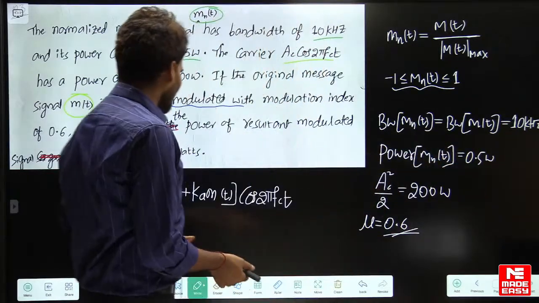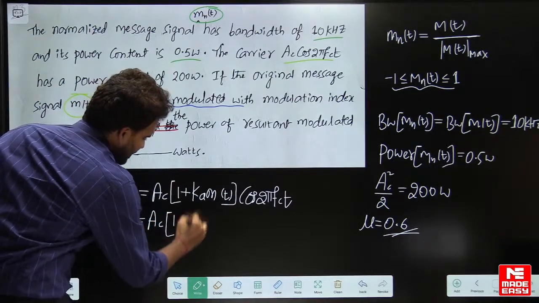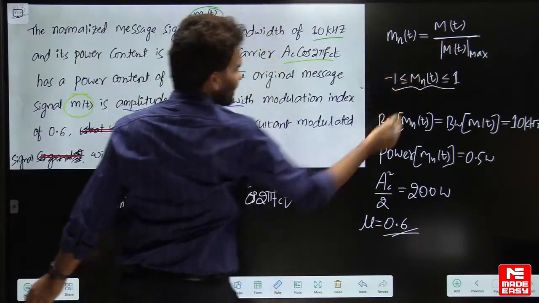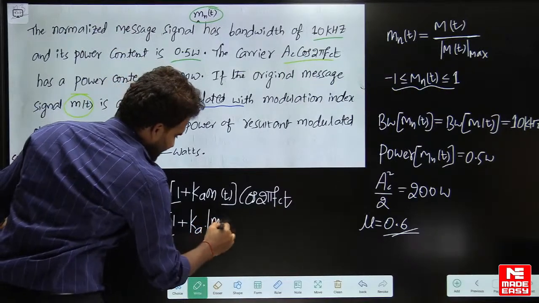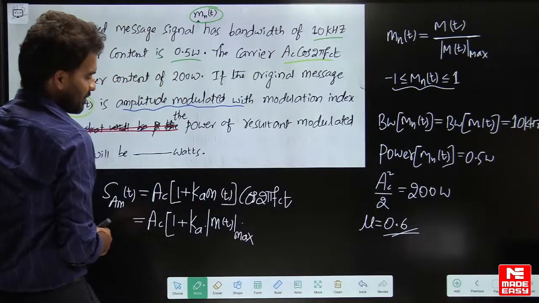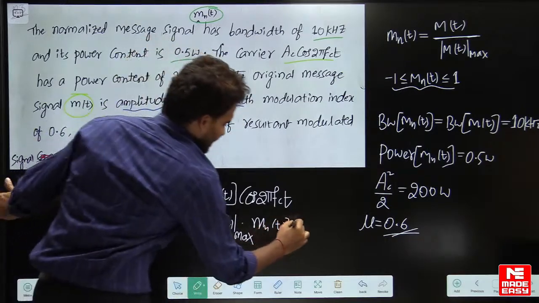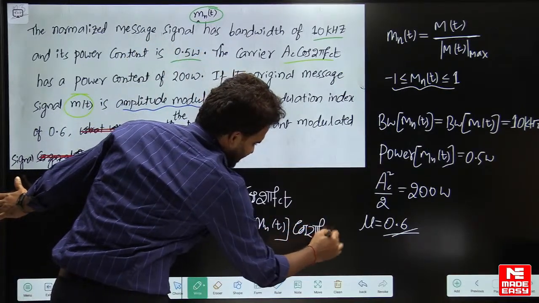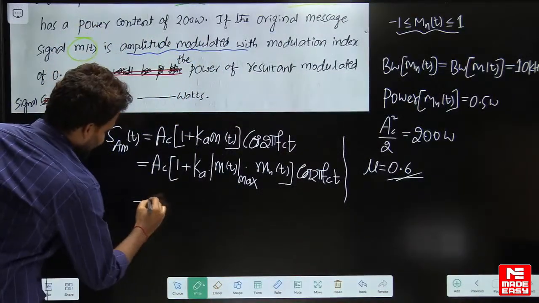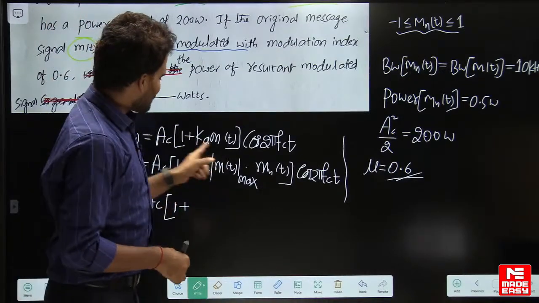So this will be AC times 1 plus Ka MT, where MT is MNT into the maximum peak of MT, cos 2 pi FCT.